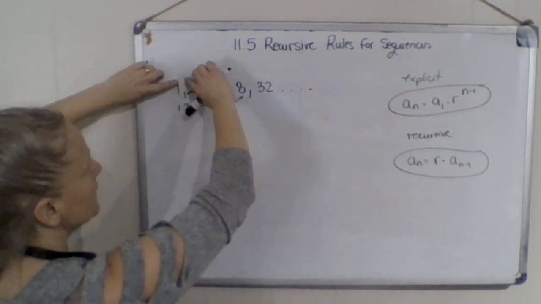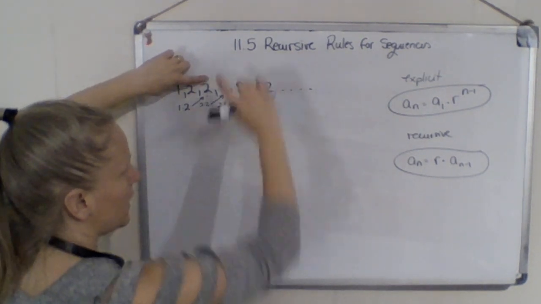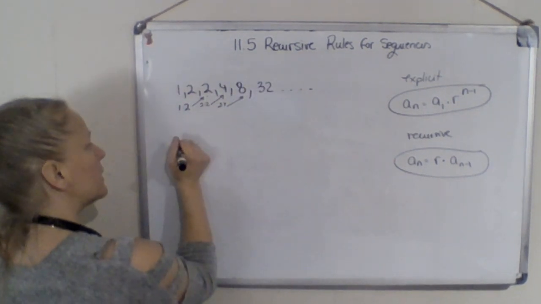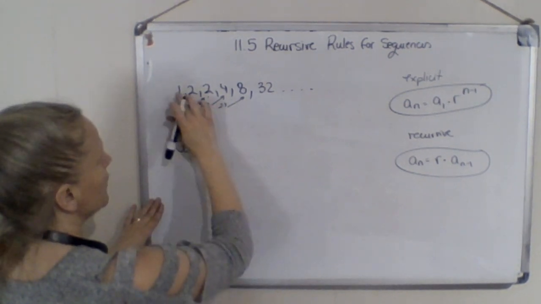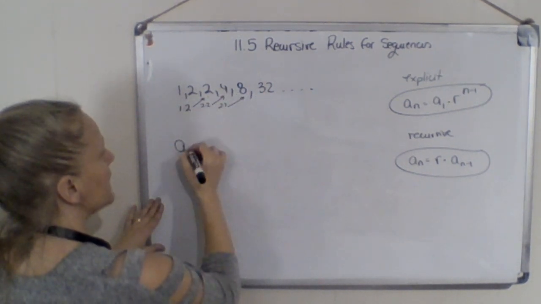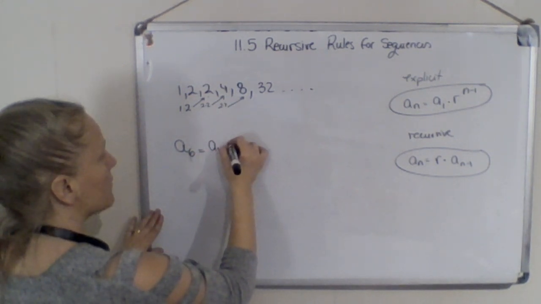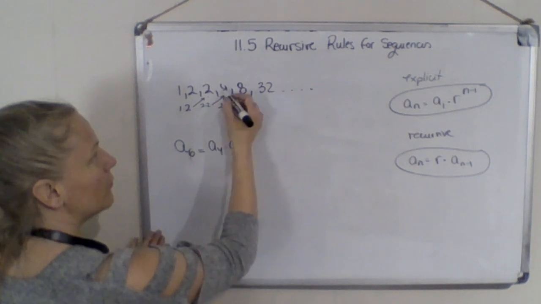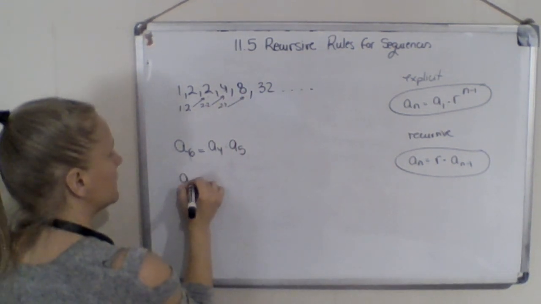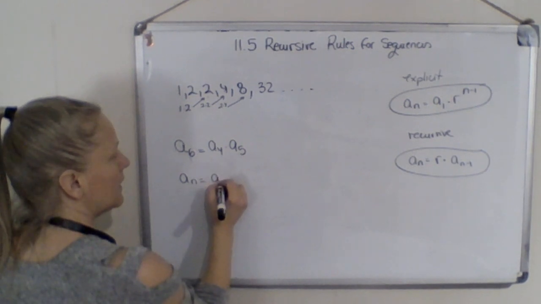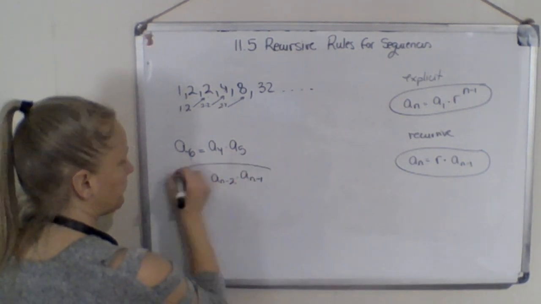If you look at this, these two multiplied together give this one, these two multiplied together give that one, which means I can write a recursive rule. Let's just write it normally: 1, 2, 3, 4, 5, 6. a_6 would be a_4 times a_5, right? 4 times 8 is 32, which means a_n is going to be a_(n-2) times a_(n-1).